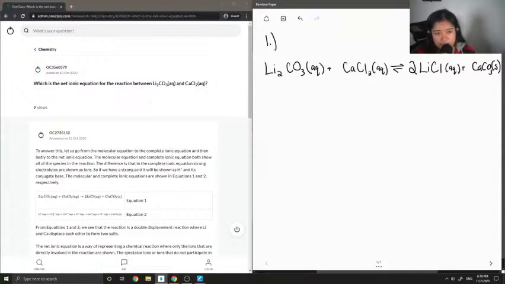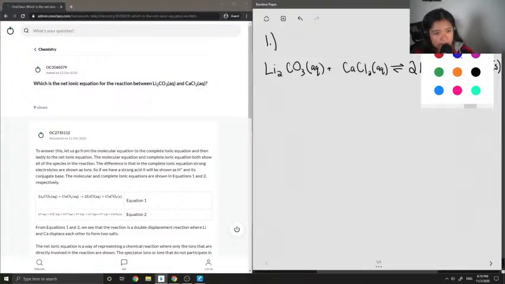Similarly, for the calcium chloride, there's a subscript of 2 on the chlorine, so this also works with the 2 in front of the lithium chloride. And then the rest is balanced, and it is.